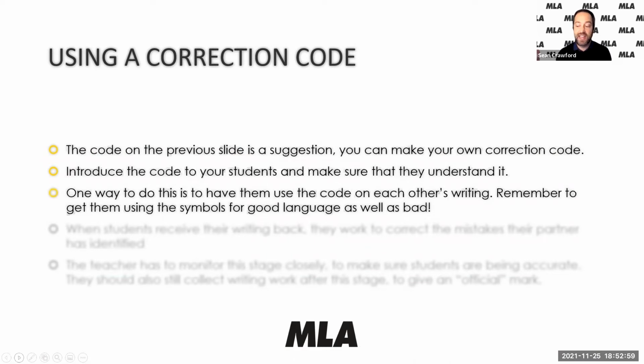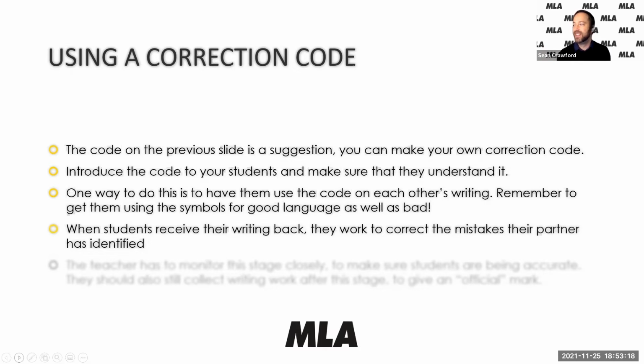Another way is to get them using the code on their own writing or other students' writing. Again, make sure that students understand that they should be kind as well as cruel. So the two ticks and the wow word symbol, make sure that those are used. And when students receive their writing back, they correct the mistakes the partners have identified.